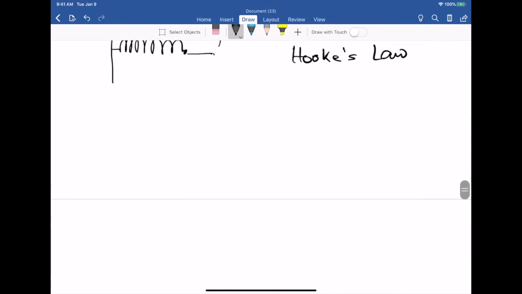Let's do one calculation involving Hooke's law, right? And this kind of puts together everything that we covered so far. So we are going to calculate the work done by or against the spring force, and this is the problem on slide 16. Okay, so what is the work?